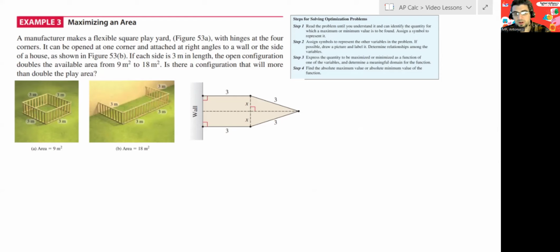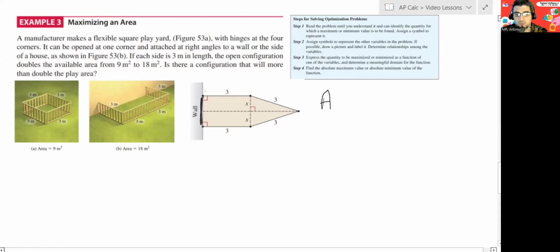So the quantity we want to maximize is the area. And since the play yard has to be attached at right angles, the possible configuration is going to depend on the amount of wall used as the fifth side. So the amount of wall used right there. So what we're going to do is divide the play area into two sections, with a rectangle here and a triangle.